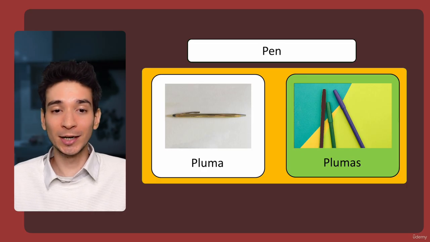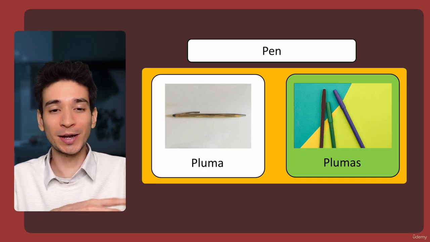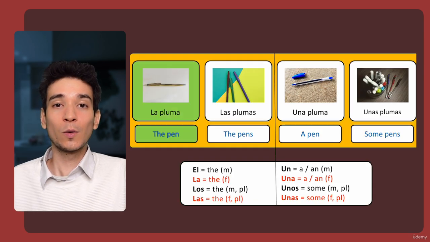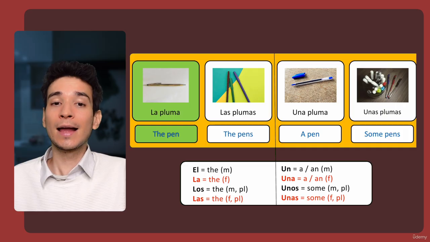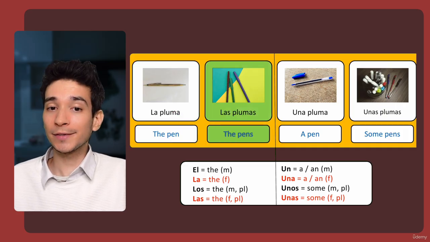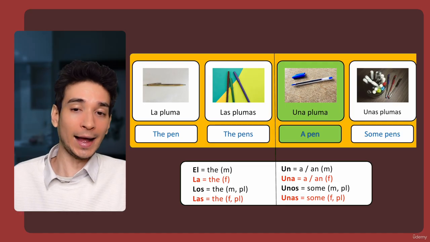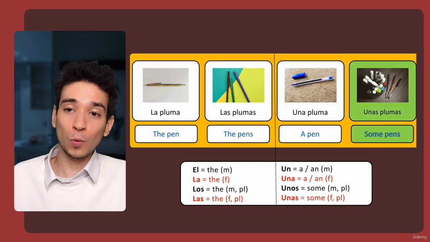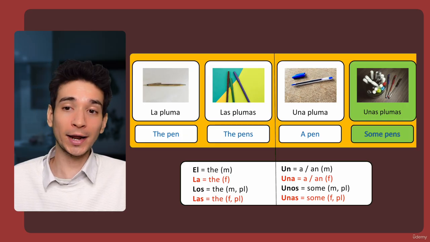Bolígrafo, which basically means pen. It's the same word. They both refer to the same, but we just have different words for it. We can say la pluma, the pen, las plumas, the pens, una pluma, a pen, unas plumas, some pens.